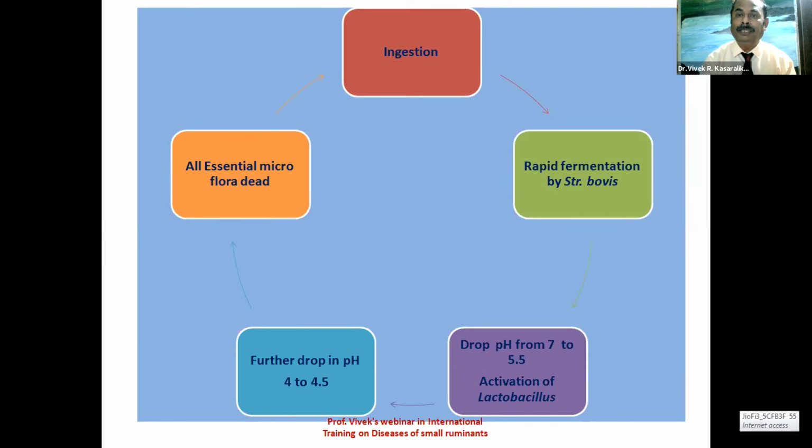But when a highly fermentable carbohydrate substrate, which is a good source for gram positive organisms, is available, Streptococcus bovis is a major organism which can rapidly utilize the carbohydrate and convert it into lactic acid. So it becomes functional. They call it colonization, and then it engorges the whole rumen.